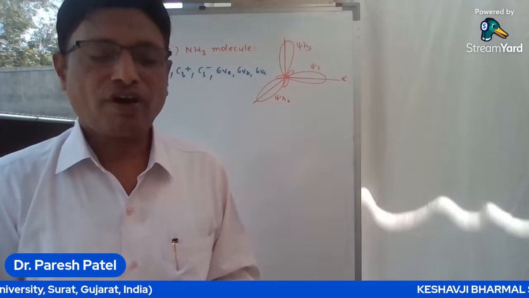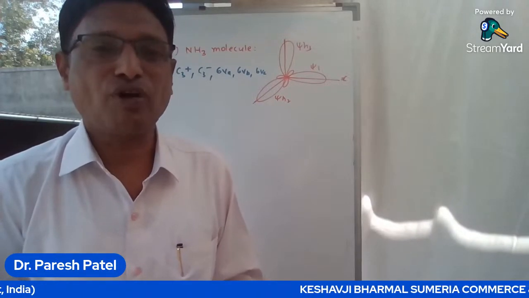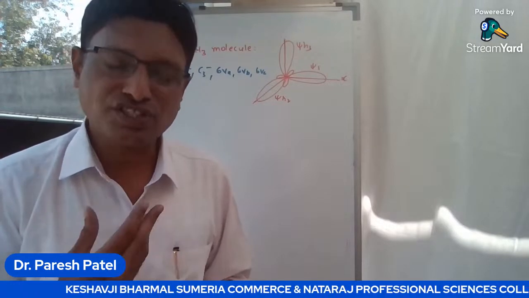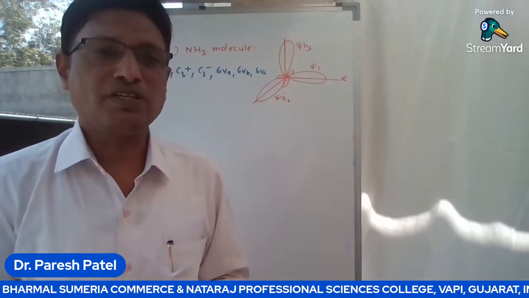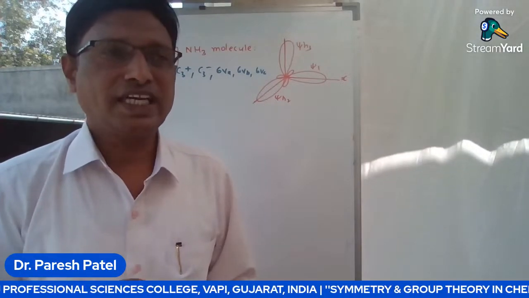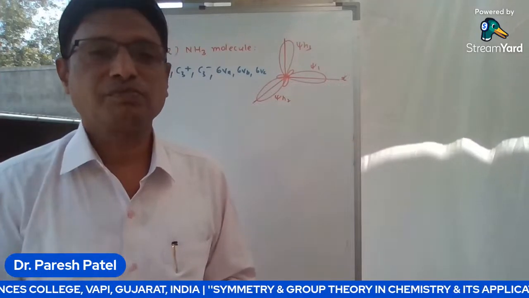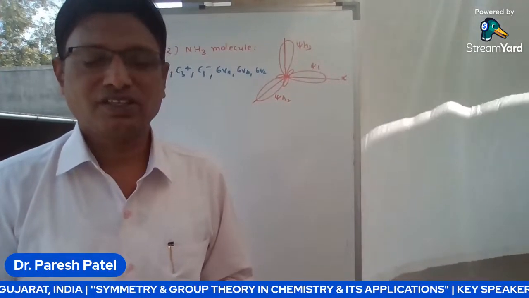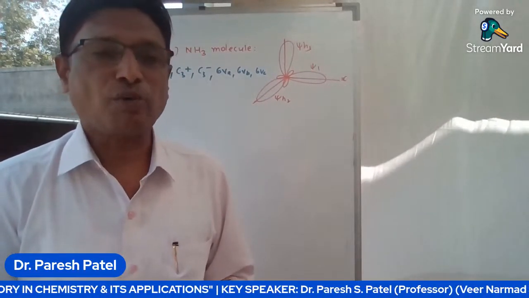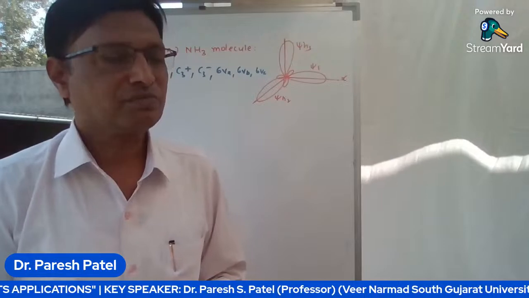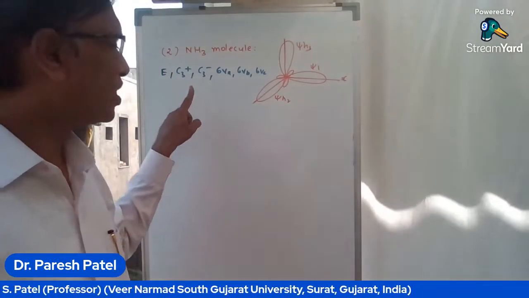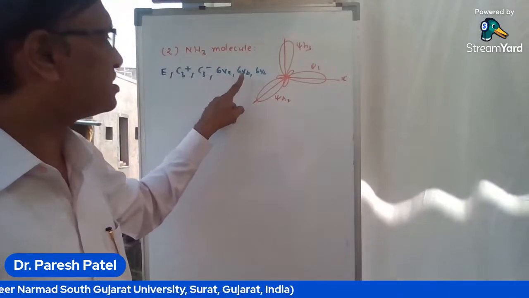Then consider all the hybrid orbitals in the form of vectors, operate different symmetry operations on the vectors, find out the changes to get the reducible representation, reduce that reducible representation into irreducible components, and then compare those irreducible components with the help of the character table to give the contribution of hybrid orbitals in the sigma bonding of the molecules.